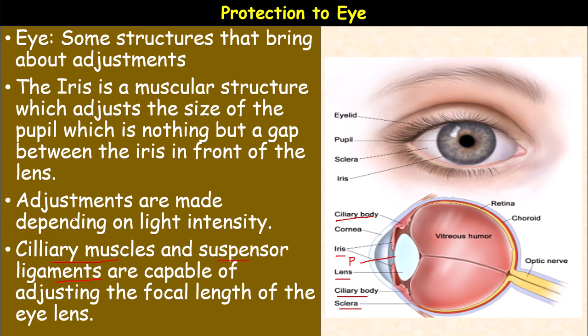So the adjustments are made depending on the light intensity. When less light is there, the pupil will expand so that light enters, falls on the lens and is reflected to the retina. Whereas when bright light is present, the pupil will contract, so a smaller amount of light will enter inside.